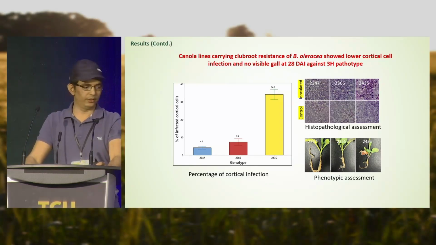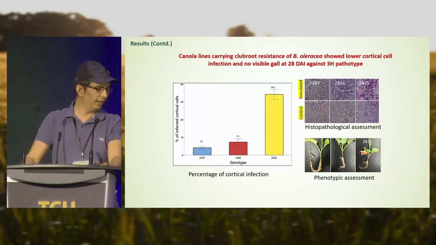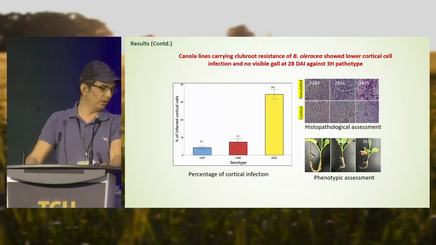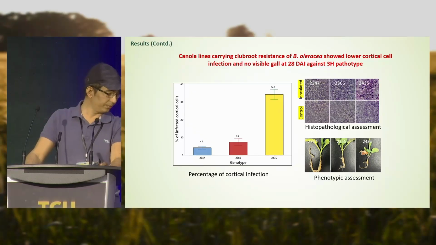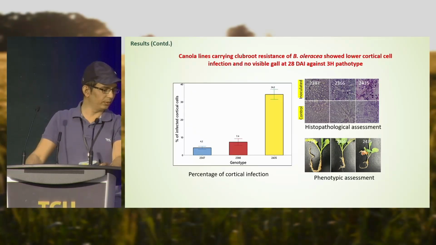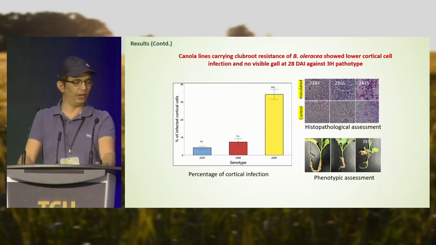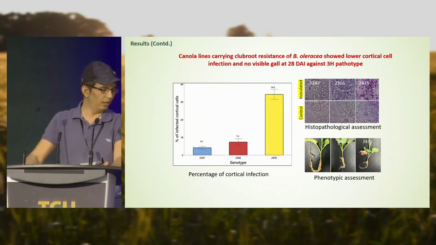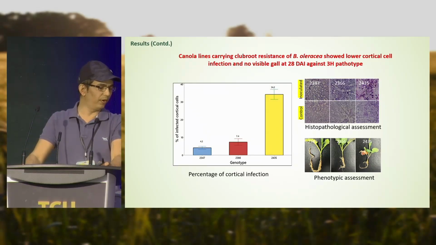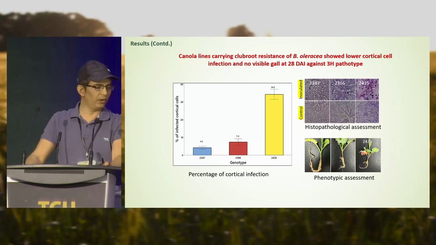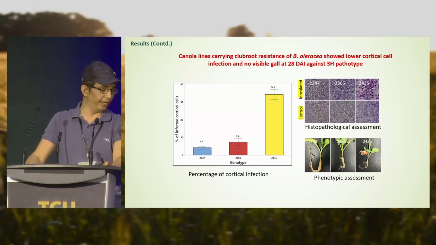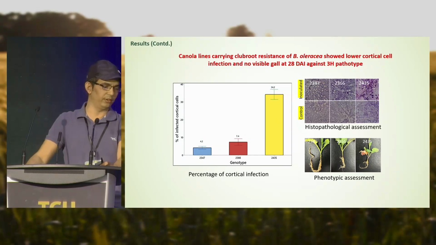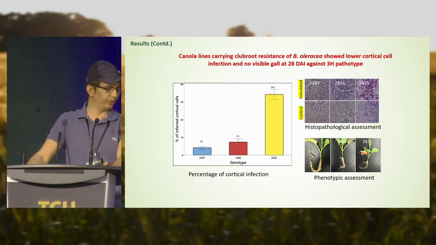As you can see in the figure on the left, the y-axis represents the percentage of infected cortical cells, and the x-axis represents the 3 different canola genotypes. The cortical infections were reduced, at less than 30%.